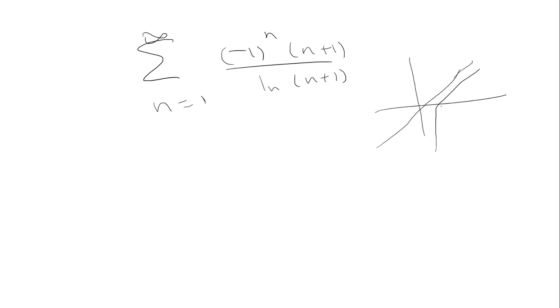It may cross here, but in the long run, all you care about is the line is going to be bigger than the log. So that makes me think the limit is not 0. So let's check this out.